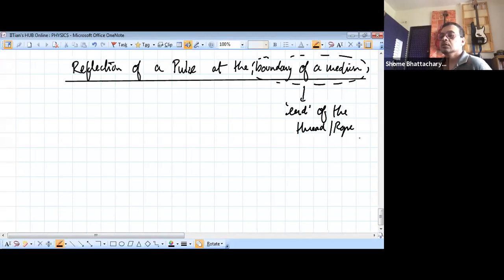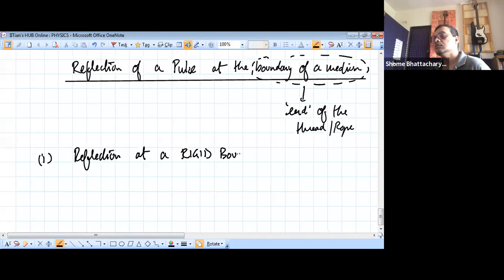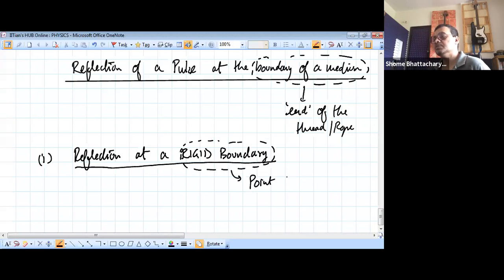Okay. So the first type of situation we'll consider is reflection at a rigid boundary. So what is a rigid boundary? A rigid boundary is one where the point attached at the boundary will have zero displacement.